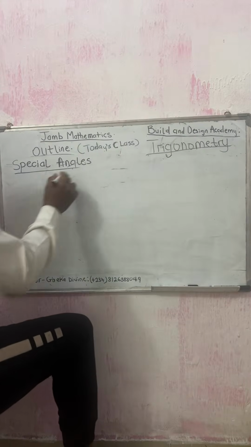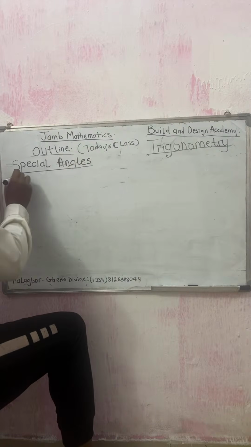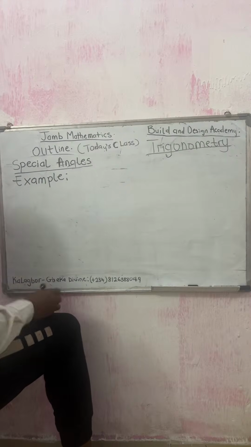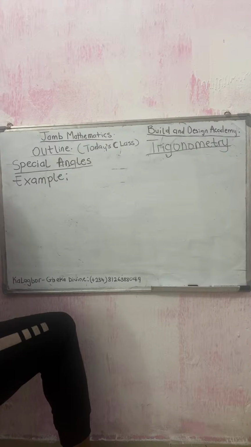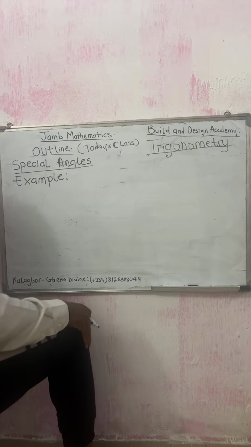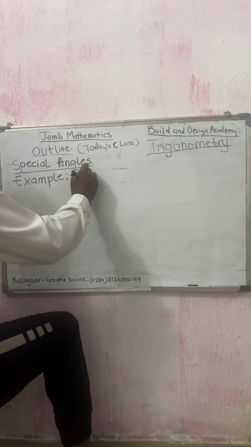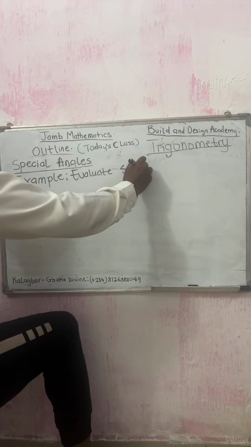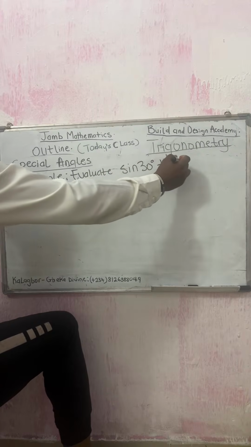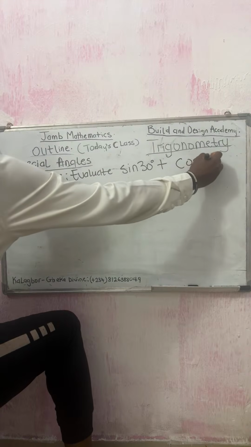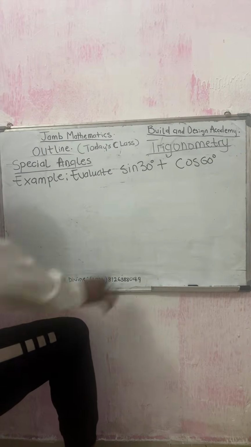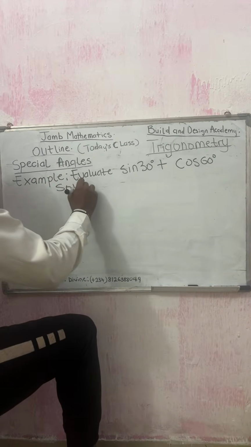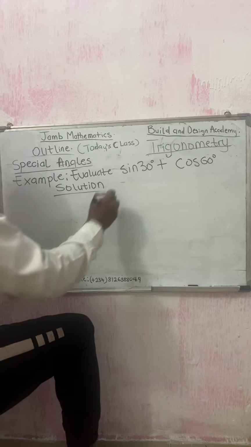So the example says, evaluate sine 30 degree plus cos 60 degree. Now, this is how the thing will come out in your JAMB. Very simple like this.